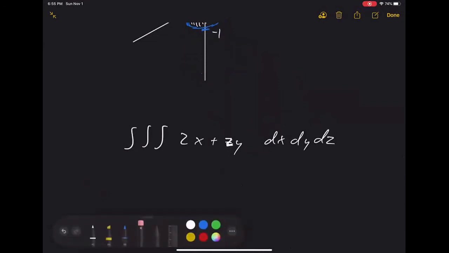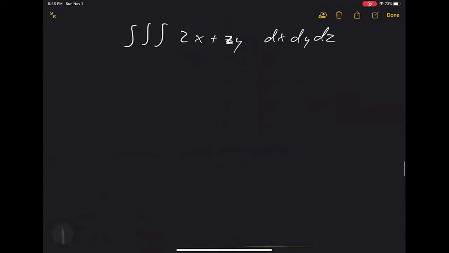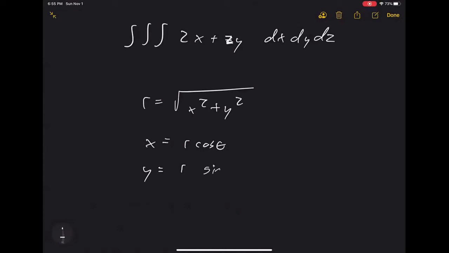We're doing the same thing we did in section 15.3 with polar coordinates. We're using these conversions: r equals square root of x squared plus y squared, x equals r cosine theta, y equals r sine theta.